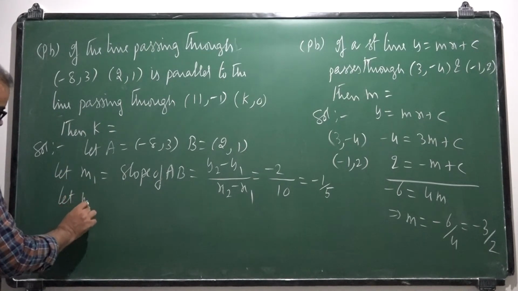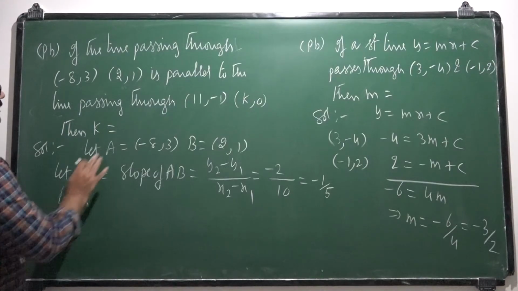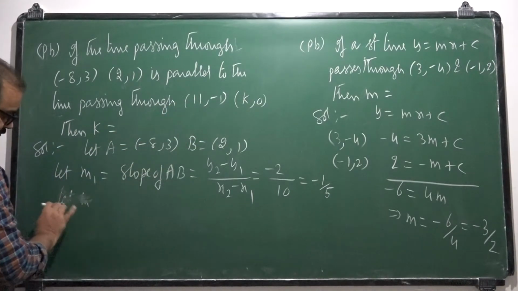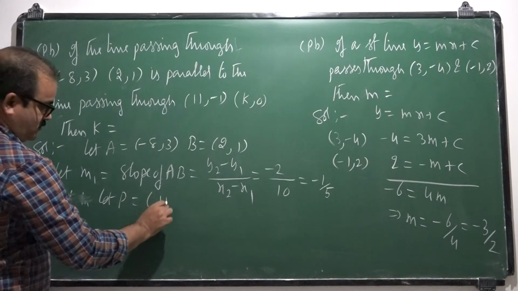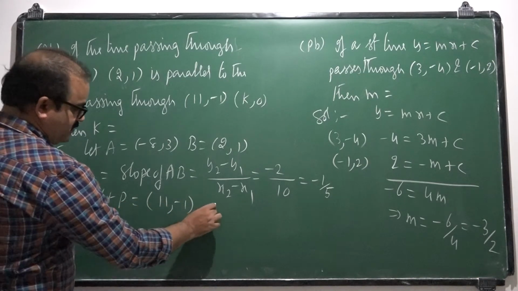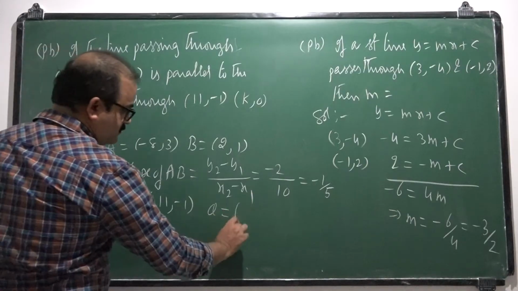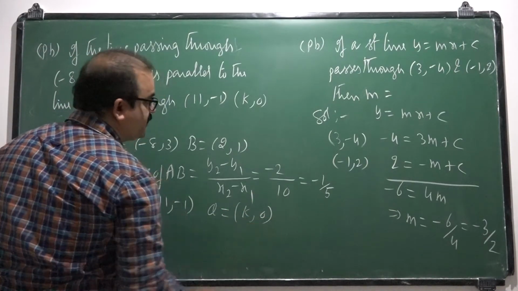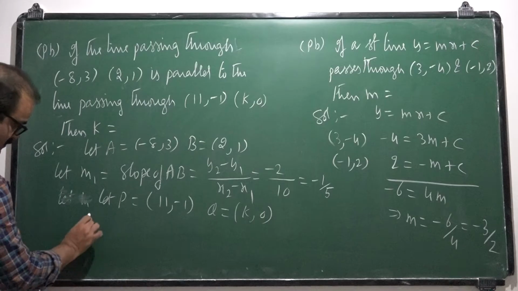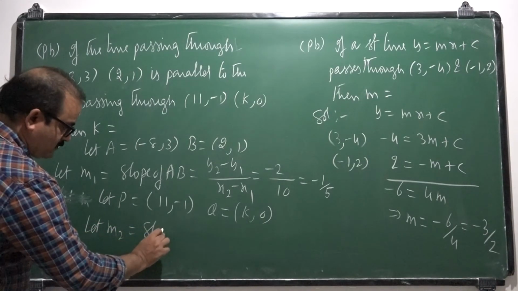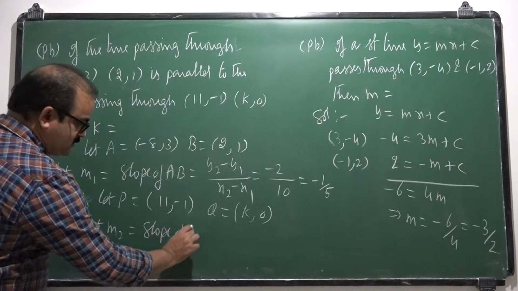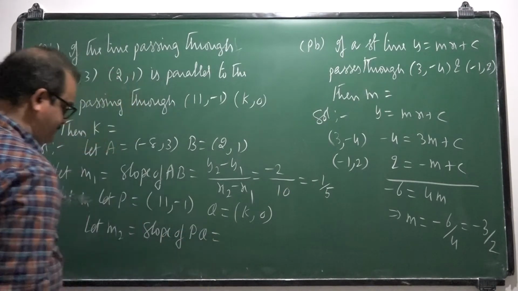Let M2 be the slope of the last 2 points, taking them as P and Q. Let P be (11, -1) and Q be (k, 0). Let M2 be the slope of PQ.